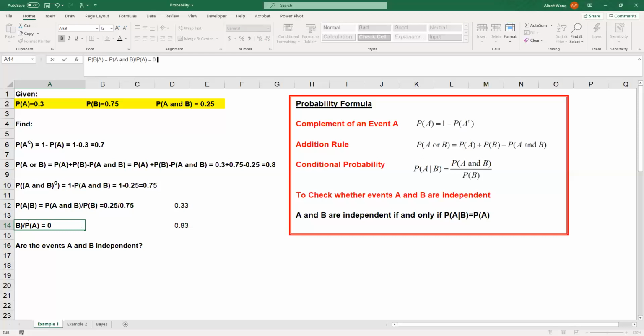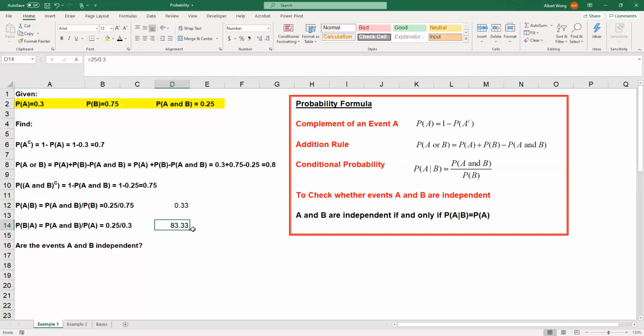This one would be equal to 0.25 divided by 0.3. Or if you use Excel to calculate this, 0.25 divided by 0.3, which is equal to, sorry, now you know that this number is wrong because probability cannot be bigger than 1. Right? And the reason why we have this problem is because we did not put in 0.25. And once we correct that problem, this is fine now.